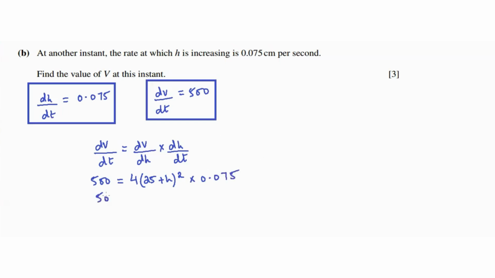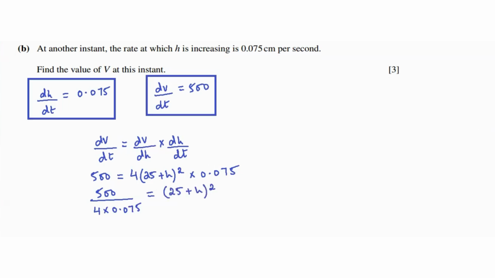That's going to be 500 over (4 times 0.075) equals (25 + H)². So H is going to equal 15.82 centimeters. You first solve the fraction, then you take its square root, and whatever result you get, you subtract 25 from that, and that should give 15.82 centimeters.